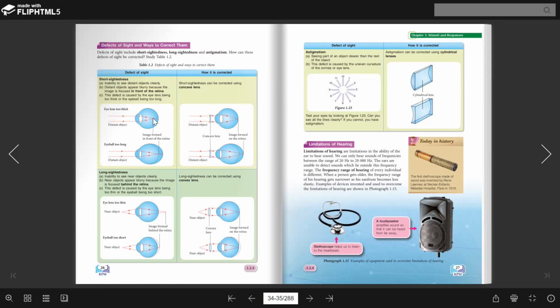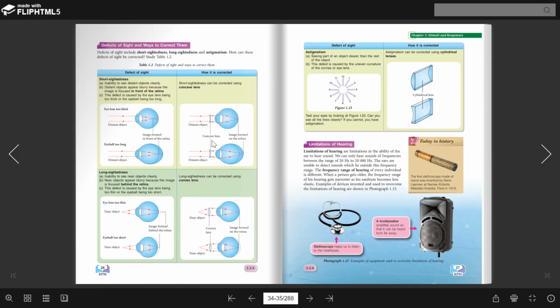The retina is the place where you can find photoreceptors. Since the image is not formed on the retina, the nerve impulse cannot be sent to the brain for interpretation. So how can we correct this? We use a concave lens. The concave lens is slim in the middle.